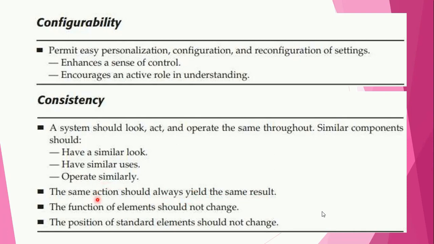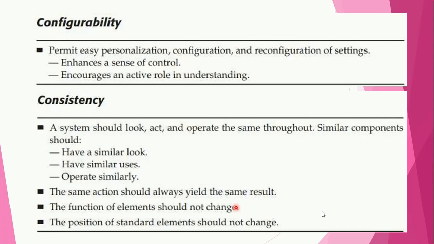Whenever any icon is clicked, it does a certain action and yields a certain result. The same result has to be continued even if the user uses the system for a long run. The function of the element should not change. The position of the standard element should not change. So all these things have to be kept in mind when you think of consistency.